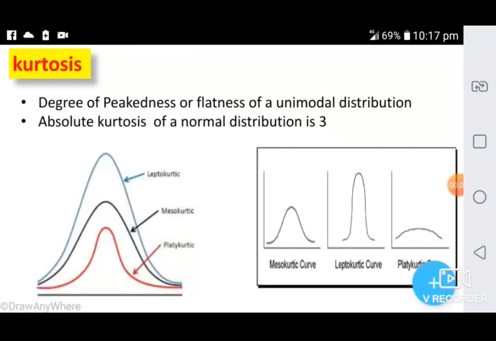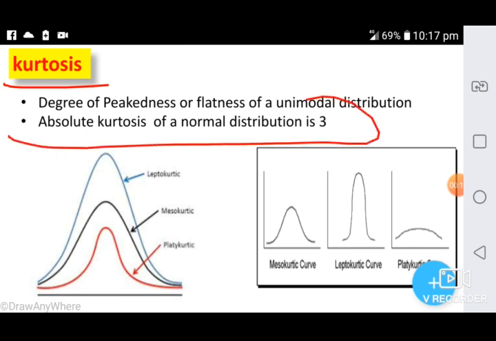Next we discuss kurtosis. Kurtosis is all about the tails of the distribution, the degree of peakedness or flatness of a unimodal distribution. The absolute kurtosis of a normal distribution is 3. The 3 categories are leptokurtic, mesokurtic and platykurtic.